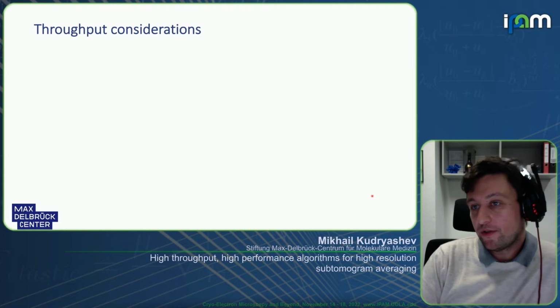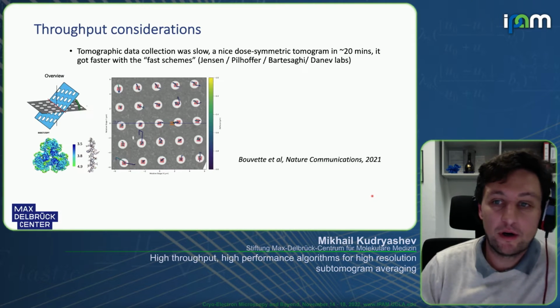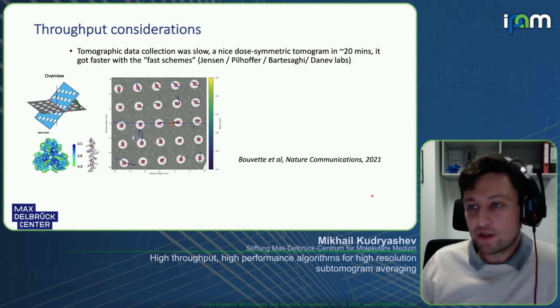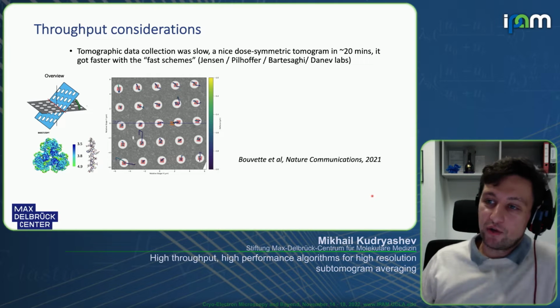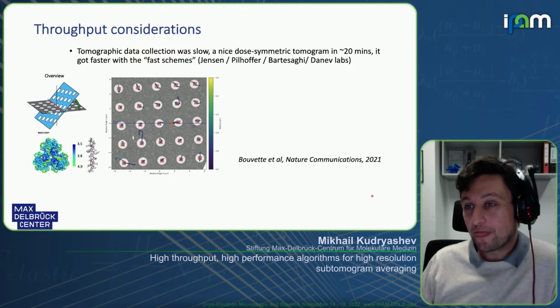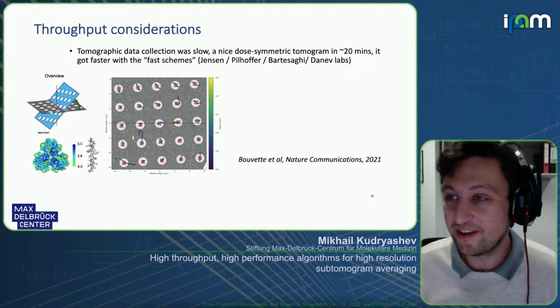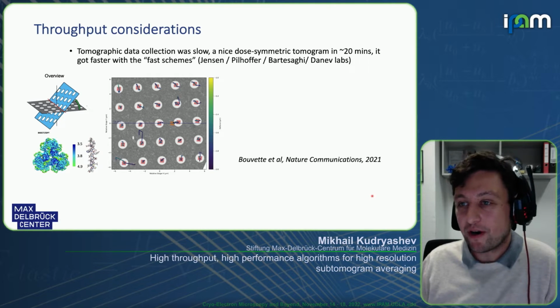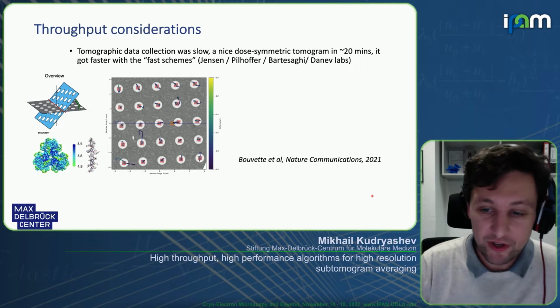And for that, one thing that's important is throughput. Tomographic data collection was always very slow, and recording one tomogram would take roughly 20 minutes, maybe a little bit longer. We know that we have 40 particles in a tomogram, so this means that you can put $1 on every particle that you record.